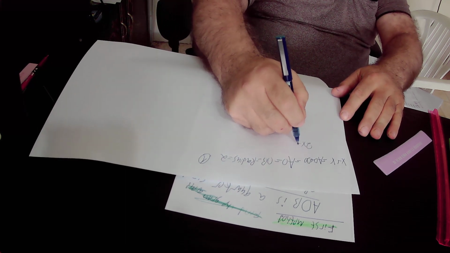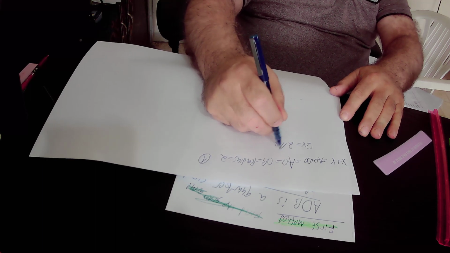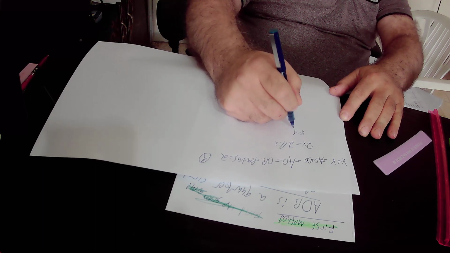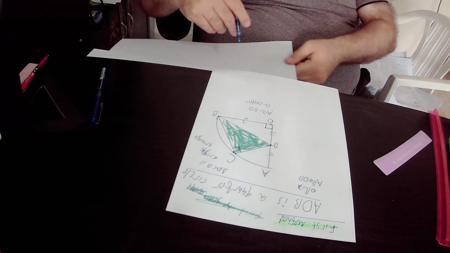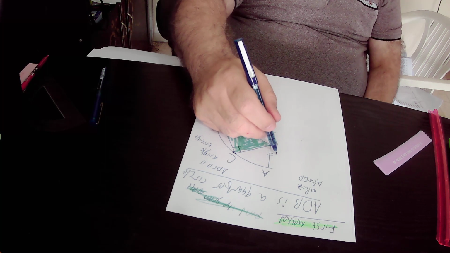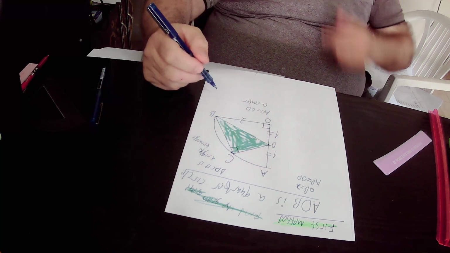X plus X is 2X. 2X equals 2. We divide this equation by 2 and we get that X equals 1. That is to say, AD is equal to X, which equals 1 unit, and DO also equals 1 unit.